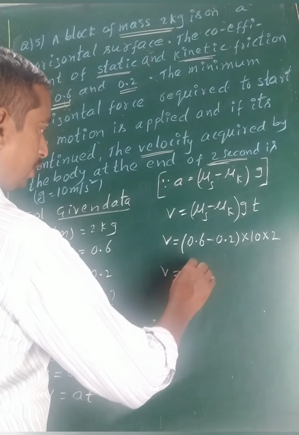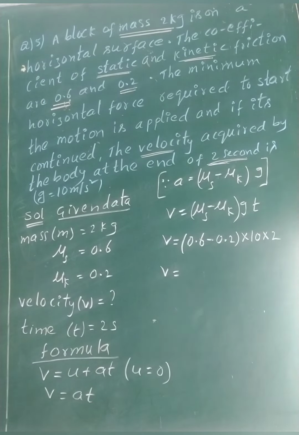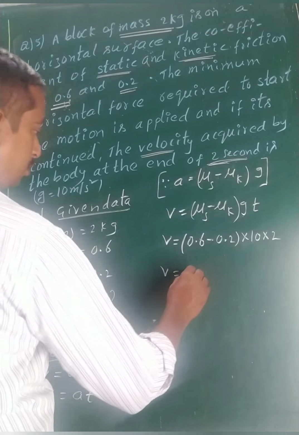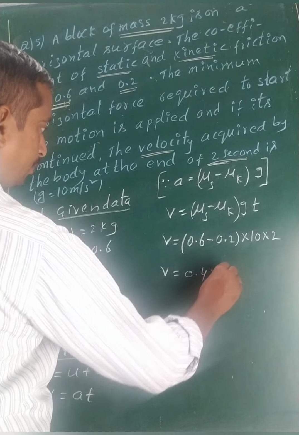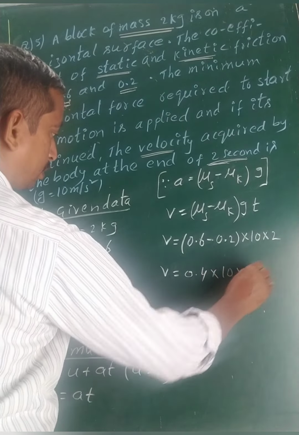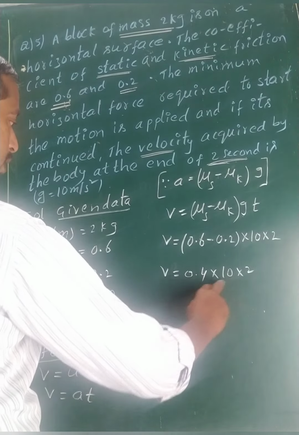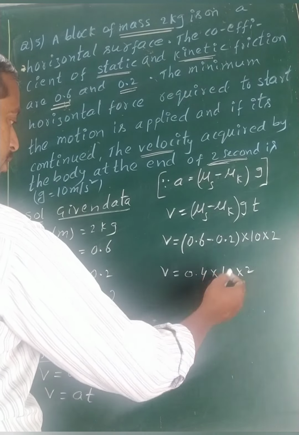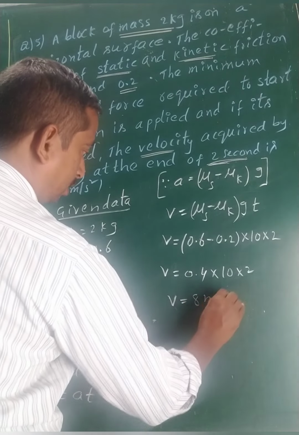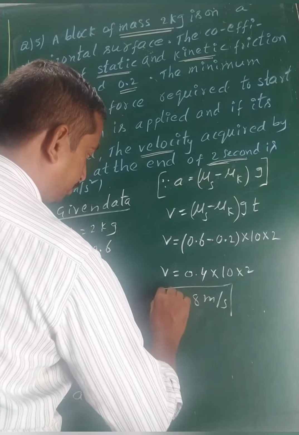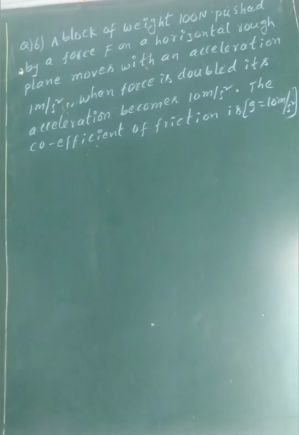Then v is equal to 0.4 into 10 into 2. Multiplying 10 into 0.4 we get 4, and 4 twos are 8 meter per second. Answer is 8 meter per second.